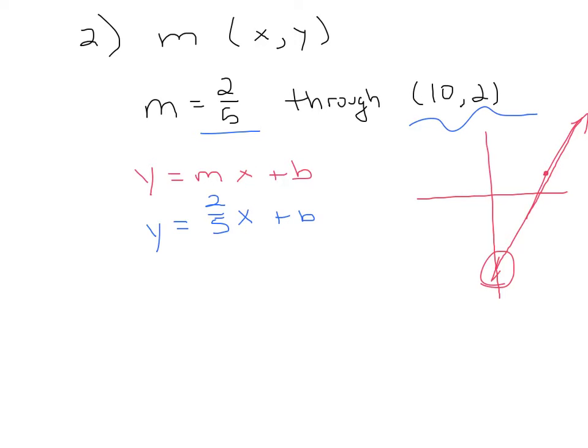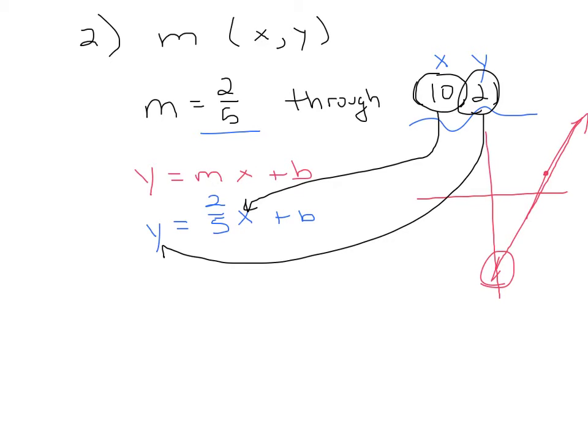Well, a point represents an x and it represents a y. So what we can do with that x and our y is we can take our x and fill it in for our x. We can take the y and fill it in for a y. So let's see what that looks like. We have y is equal to 2/5 times the 10 plus b.